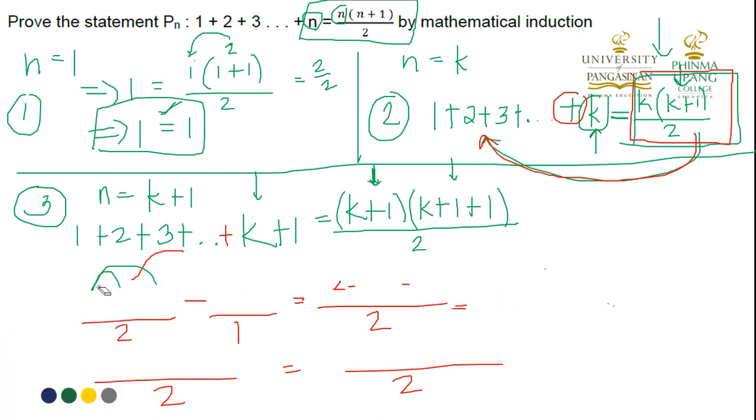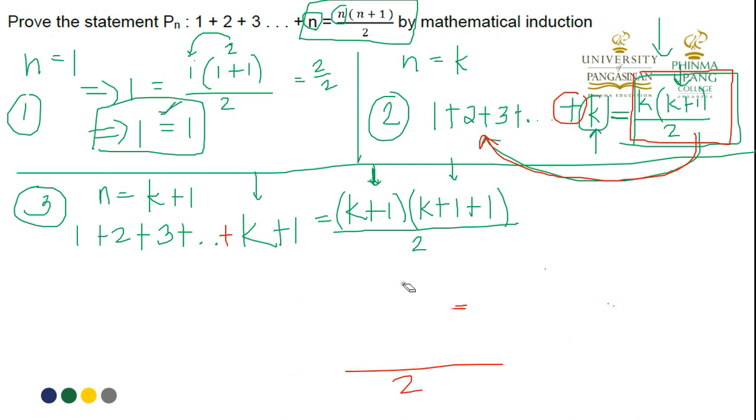Okay, ulitin natin. Gamit tayo ng red ulit. Itong 1 plus 2 plus 3 is always equivalent to the equals na nandun sa right side ng step number 2.